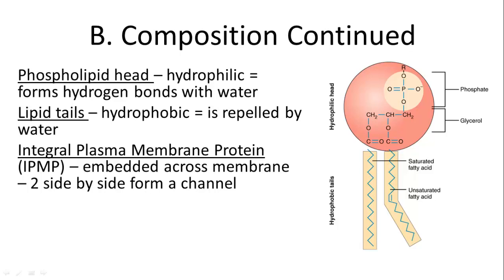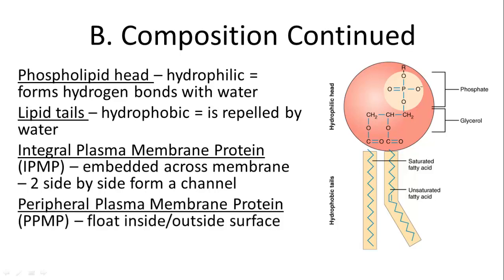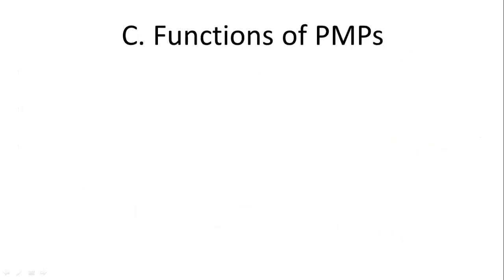Within these proteins, you have integral plasma membrane proteins. These are embedded across the membrane, so they make it all the way across. Or you can also have peripheral plasma membrane proteins, which are just on one side, either inside or outside. The functions of these plasma membrane proteins, there is some overlap between integral and peripheral, but we'll start with the integral plasma membrane proteins.